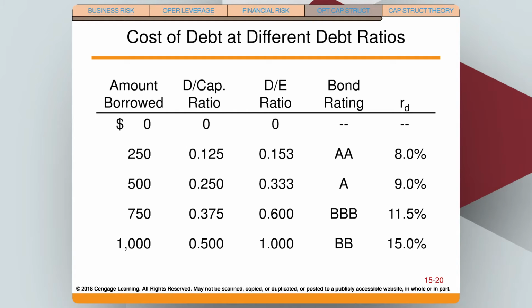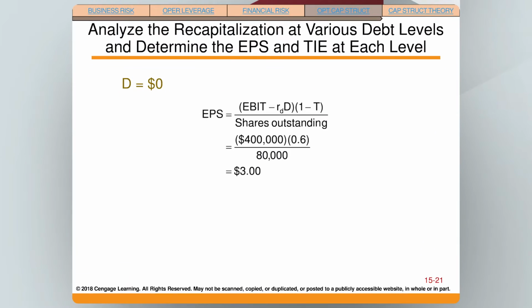But tingnan mo yung bond rating. Ano ba mas mataas? AA. 250, AA, A, BBB, BBB. And also you have RD. RD naman is the return on your debt or risk or cost of debt. 8.0, 9.0, 11.5 or 15.0.